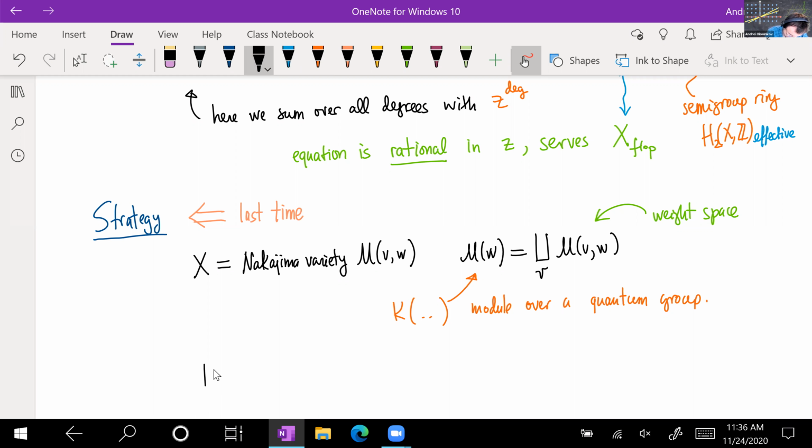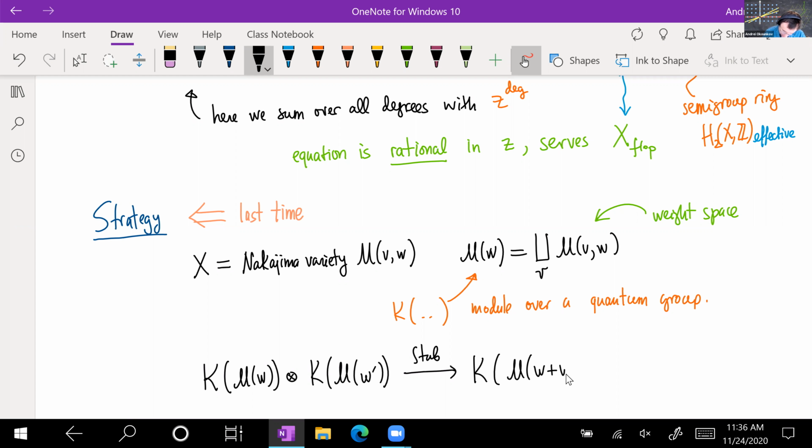We discussed many times that if I take K of M(V) tensor K of M(V'), there's a stable envelope map. Since it's a component of a fixed locus, this goes to K of M(V plus V'). This makes all the spaces into a structure we discussed. It's like a tensor category, even slightly enriched, because in a tensor category you don't get this intermediate space, but anyway, it's like a tensor category.